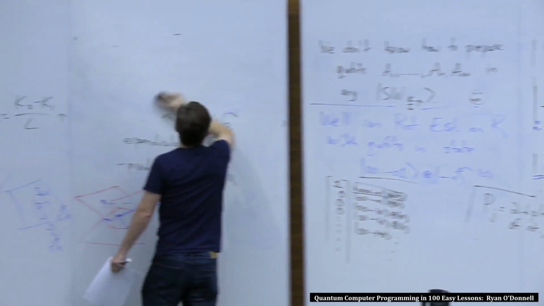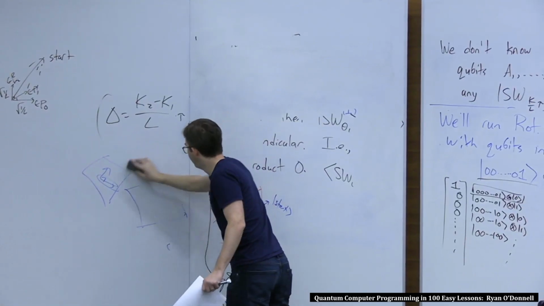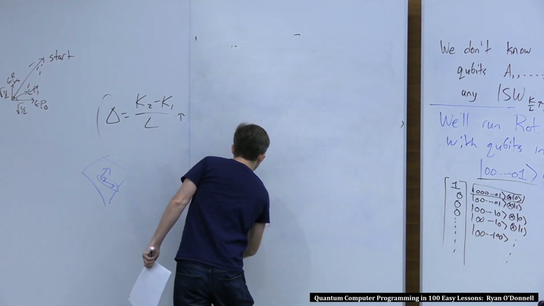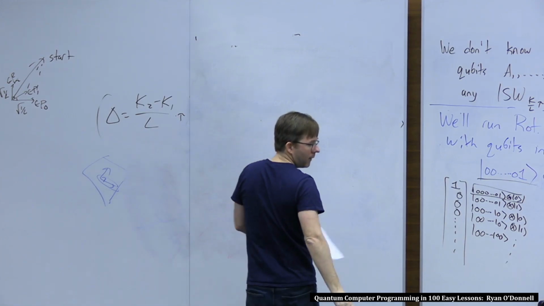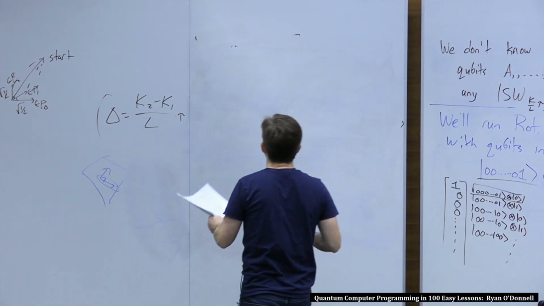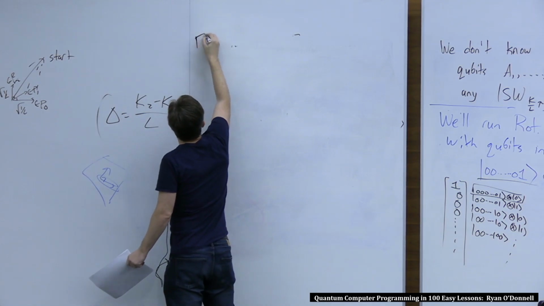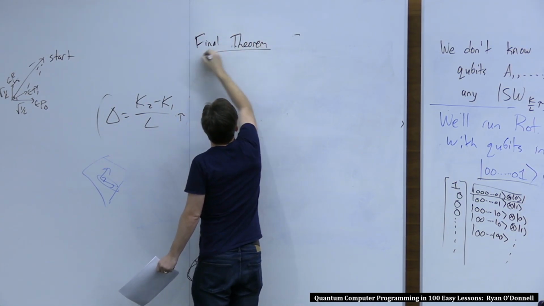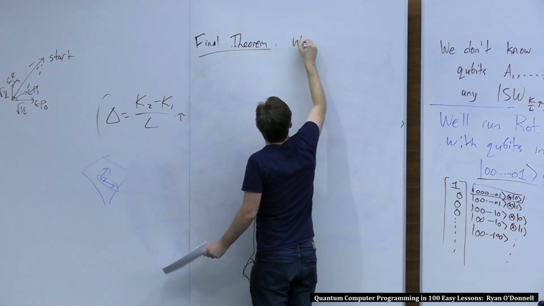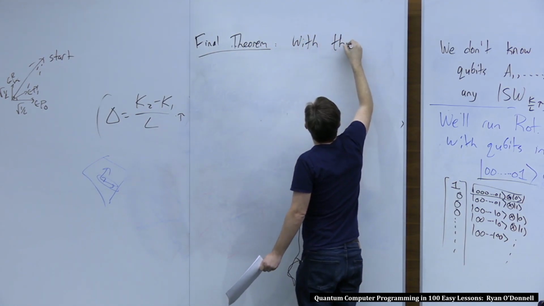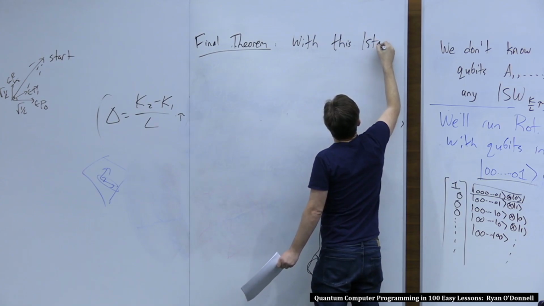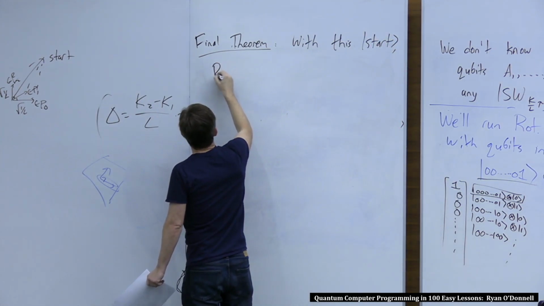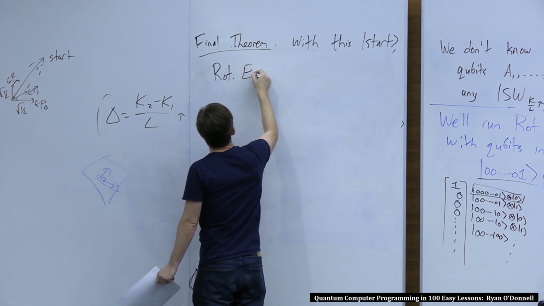So let me write that fact down. This is really the final theorem. With this start, rotation estimation outputs the so-called clue.